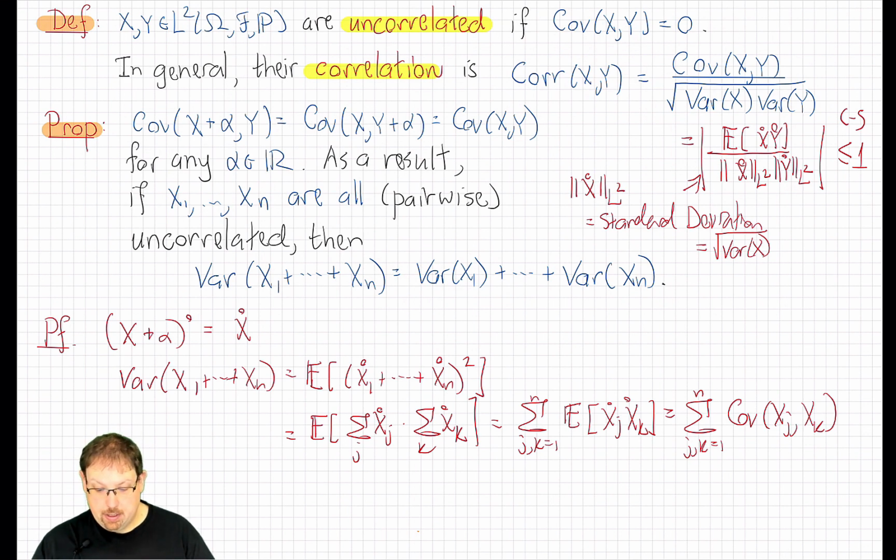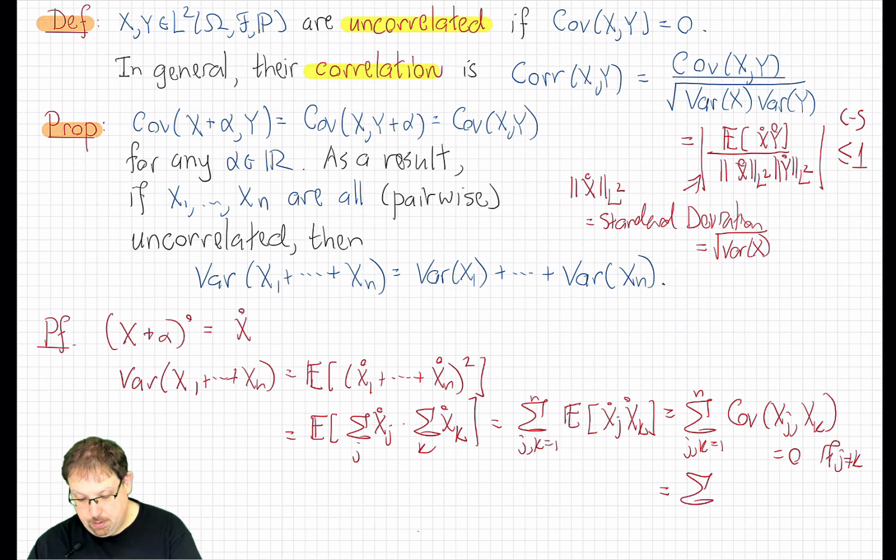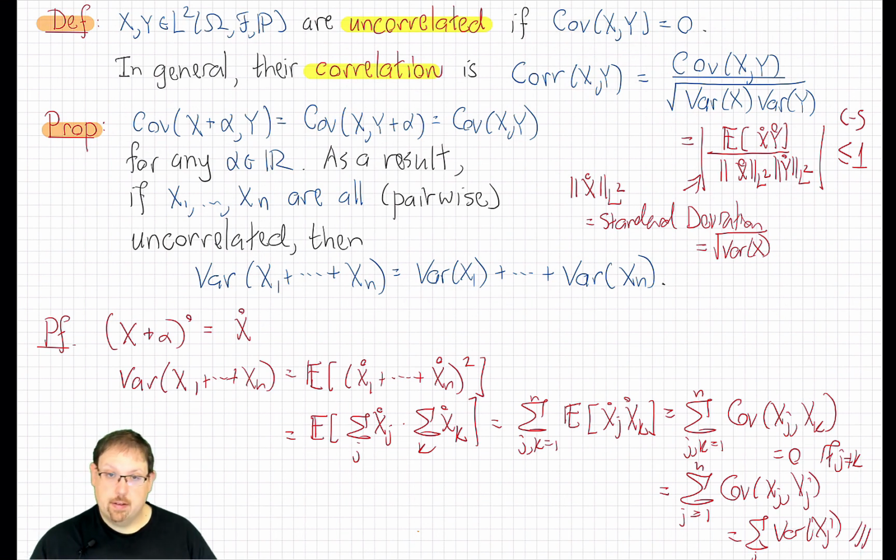Our assumption is that these random variables are uncorrelated, meaning that for j not equal to k, this is 0. And so that becomes just a single sum, j going from 1 up to n, of the covariance of xj with itself, which is the definition of the variance of xj, proving the result.